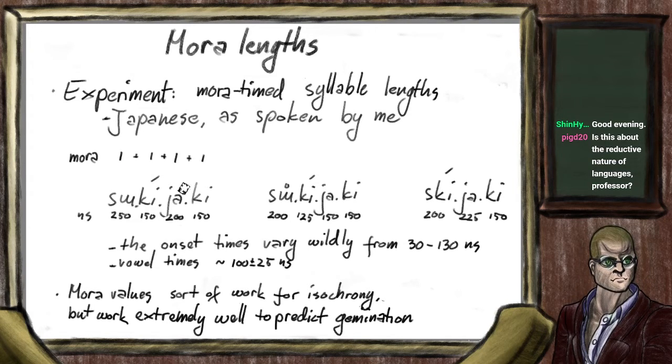As you can see, these are idealized. This is largely because actually different consonants take a different amount of time to produce. So the s actually takes an awful lot of time to produce compared to some of the stops, like k, which was, in my experiments, only 30 milliseconds.